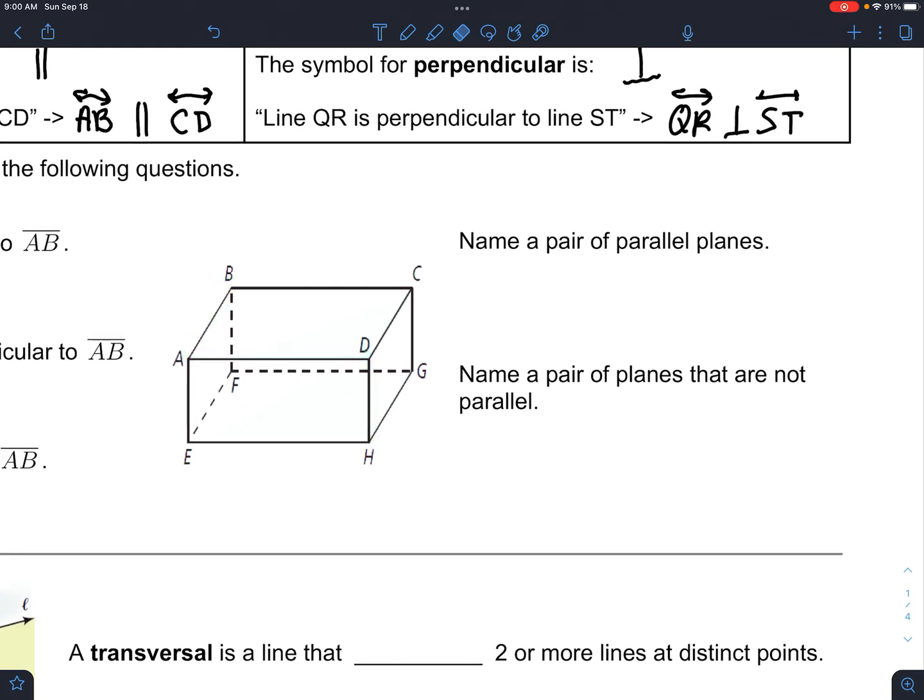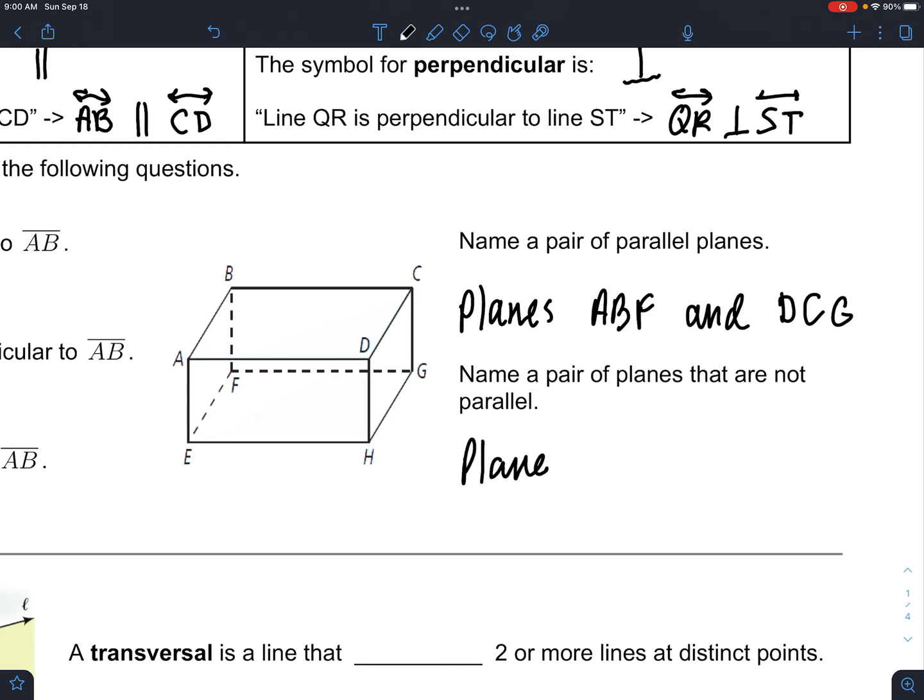Okay. Name a pair of parallel planes. So make sure you have 3 letters here. How about the left and right planes? And this is name a pair of planes that are not parallel. What about the top and the back, maybe?